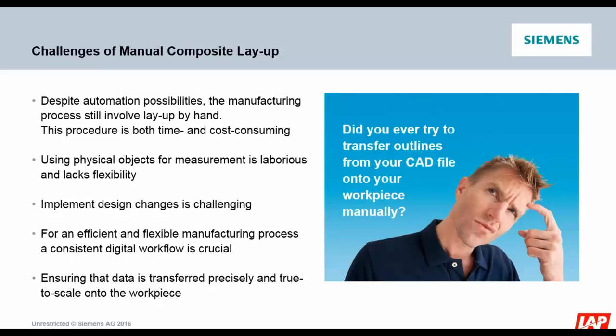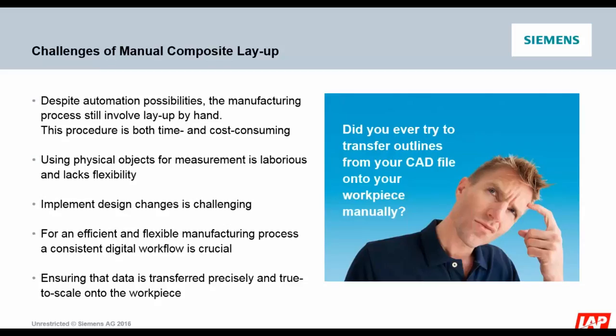Okay. Despite automation possibilities, the often complex forms with high demands on quality require an enormous amount of manual labor. The manufacturing process involves manually laying down individual layers of plies.